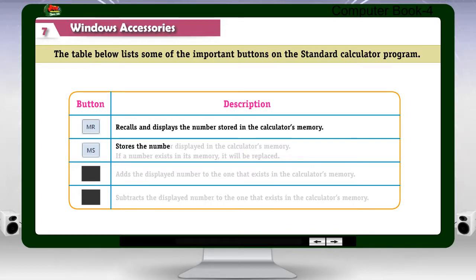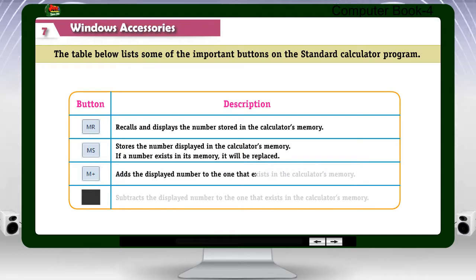Stores the number displayed in the calculator's memory. If a number exists in its memory, it will be replaced. Adds the displayed number to the one that exists in the calculator's memory. Subtracts the displayed number to the one that exists in the calculator's memory.